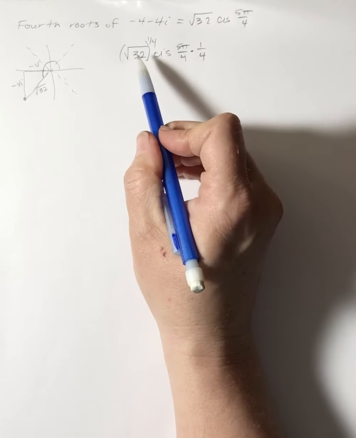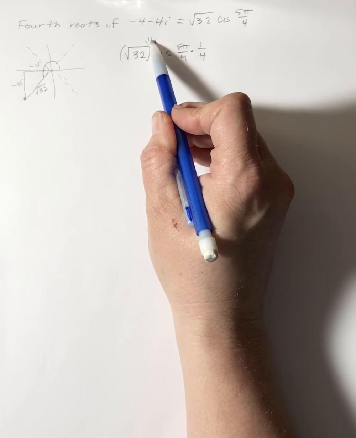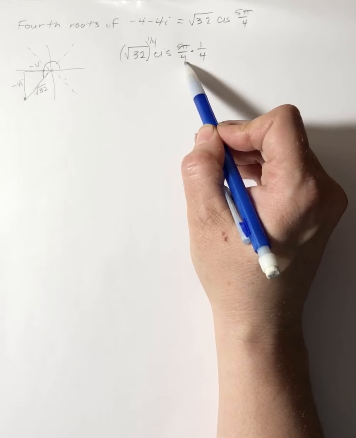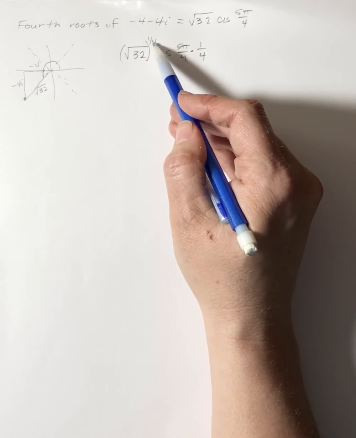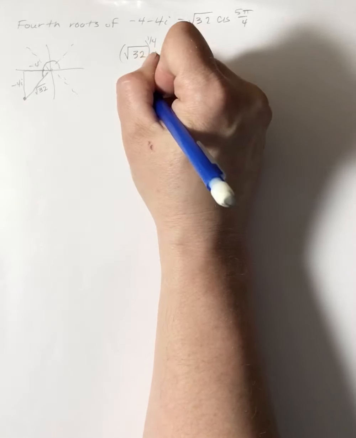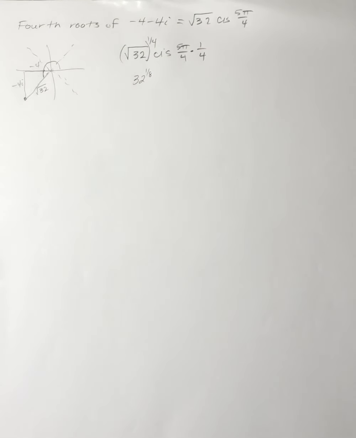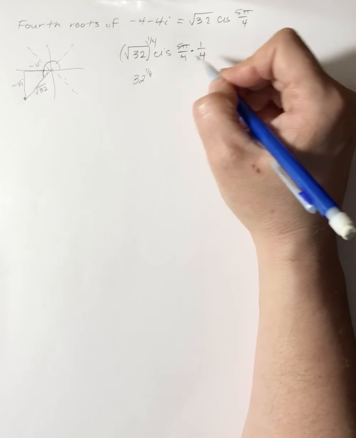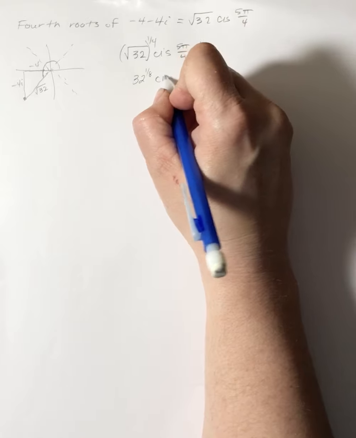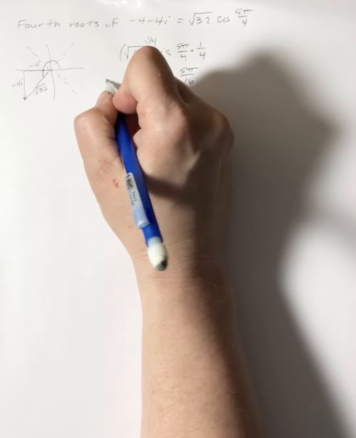So my first root, I take this to the 1/4 power, and I take this times 1/4. You don't have to simplify this at all. You can leave this, but this would be equivalent to 32 to the 1/8. So I'm going to write that because that's less writing for me. And then this would be equivalent to 5 pi 16ths. So there's my first answer.